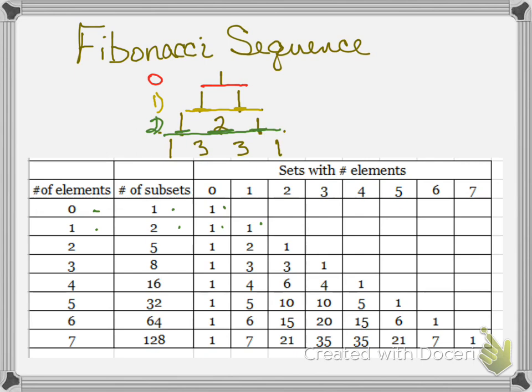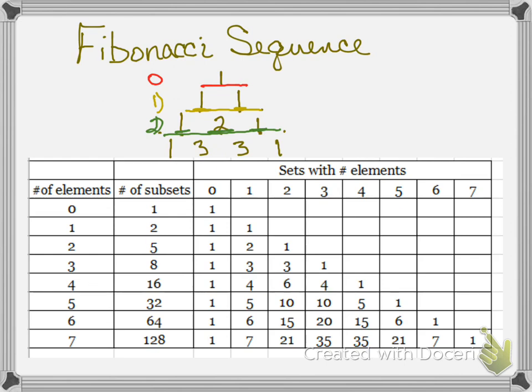By the time I get to 4 elements like we did today with the 1, 2, 3, 4, 4 elements gave me 16 subsets. That was 1 empty set, 4 subsets with 1 element, 6 subsets with 2 elements, 4 subsets with 3 elements, and 1 subset with 4 elements. If you go back and look in your notes, you'll see that that's what we ended up with.